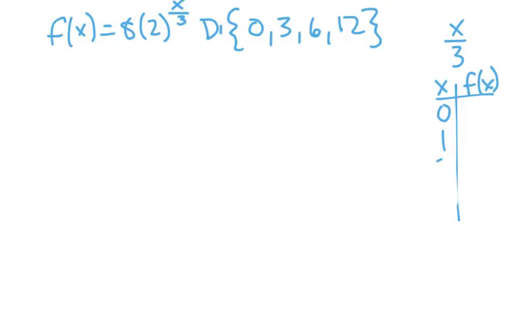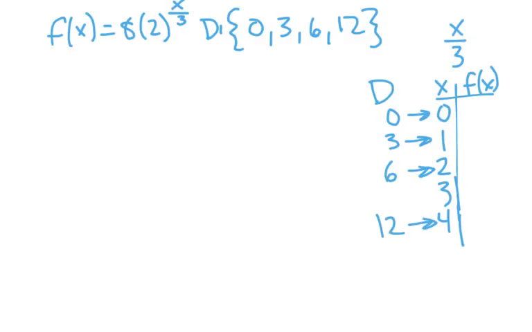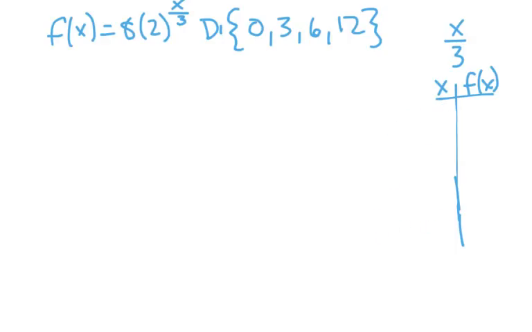You could go 1, 2, 3, 4 with the idea that this would be our domain 0, this would be our domain 3, this would be our domain 6, and this would be our domain 12. Either way you deal with it, you'll get the same thing. Let's just use their numbers this time, but I just wanted to draw that connection for you guys. So 0, 3, 6, and 12. Then we start to plug them in.